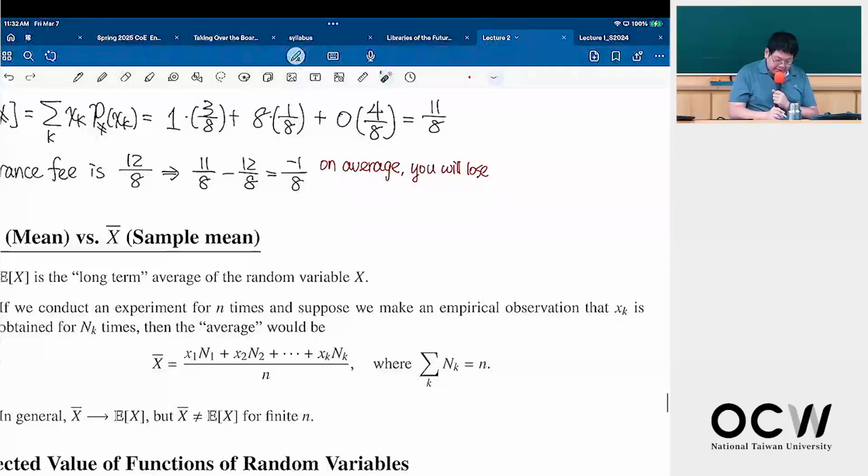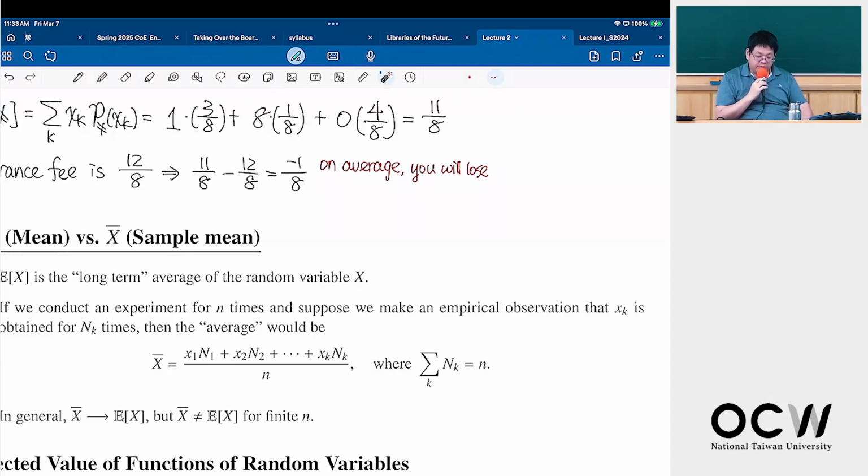If we conduct an experiment n times, and suppose we make an empirical observation that xk is observed nk times, then we can also calculate this average, and this average is the sample mean. The expected value is long term, like an infinite number of times. But for the sample mean, because that is sometimes impractical, we have a sample mean.